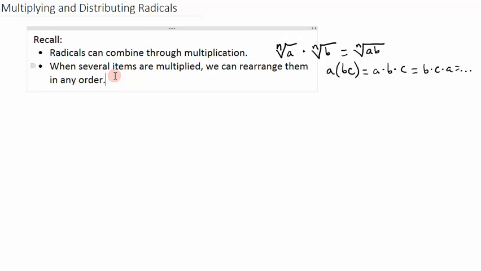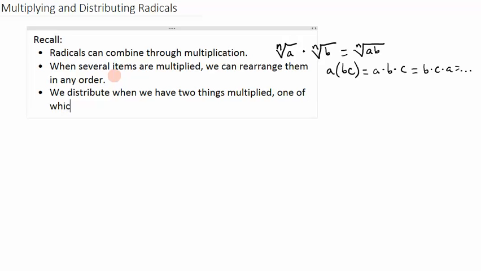Okay. The third thing, which people get confused about, is we distribute when we have two things multiplied, one of which is a sum, meaning addition, or a difference, meaning subtraction.